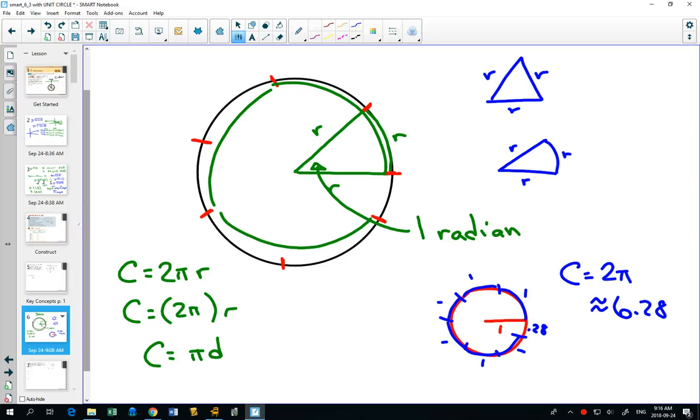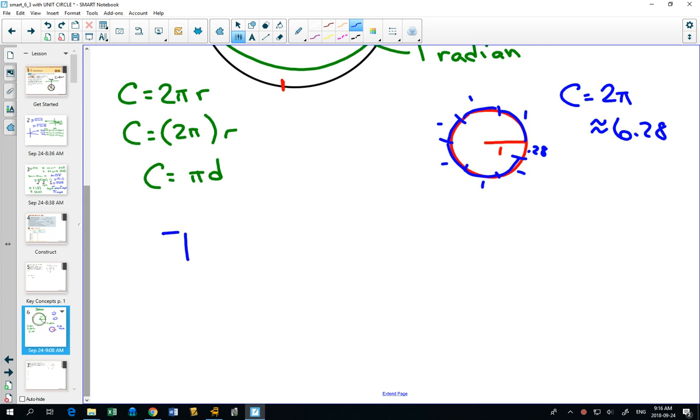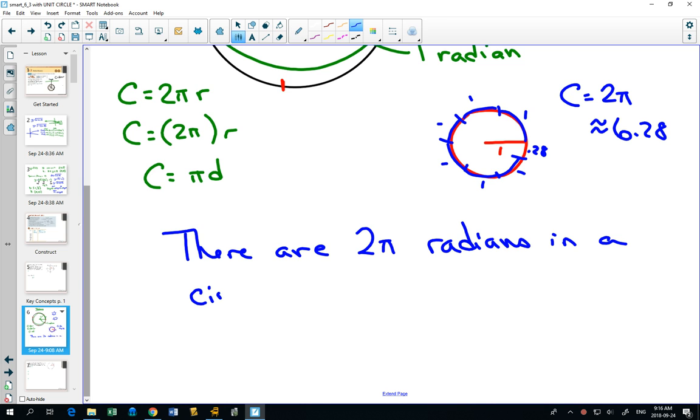So the definition of 1 radian is when the arc length is the same as your radius. The next thing we can now state because of this is that there are 2 pi radians in a circle.